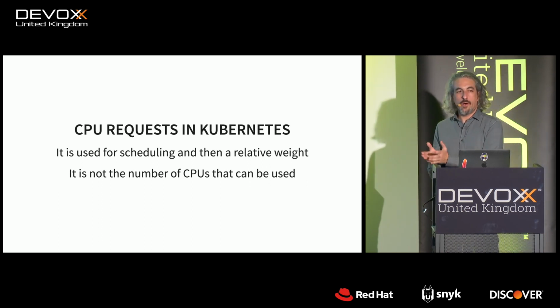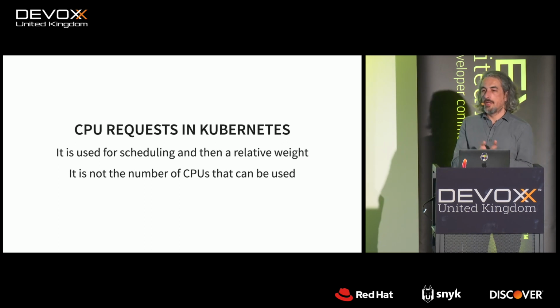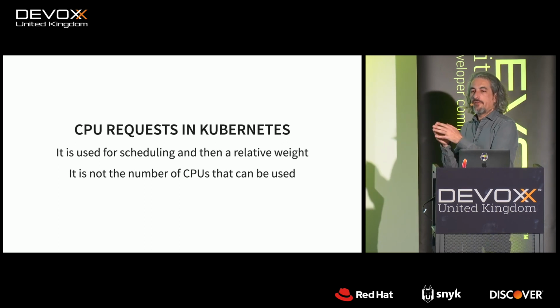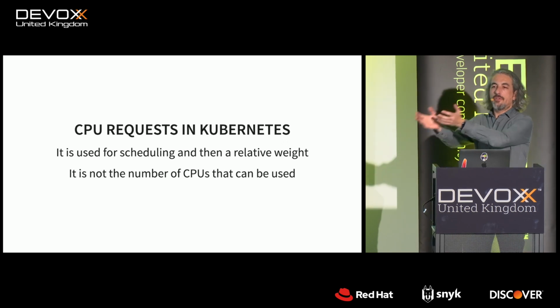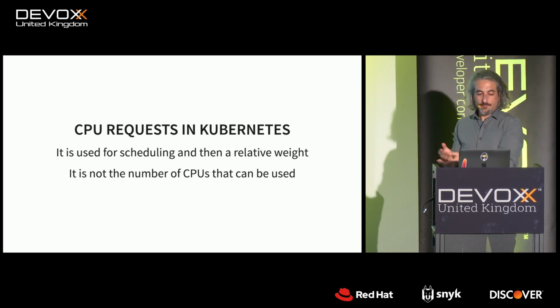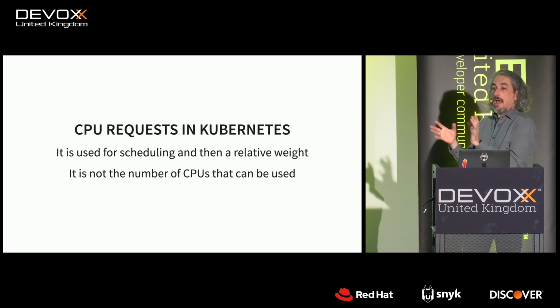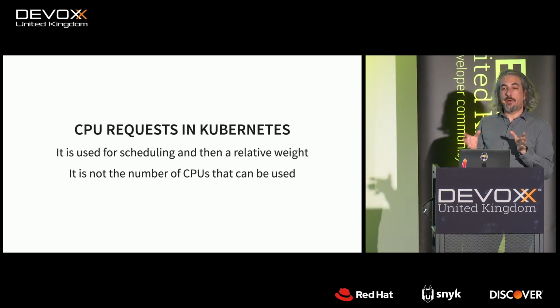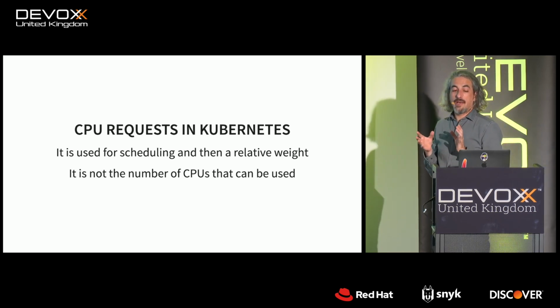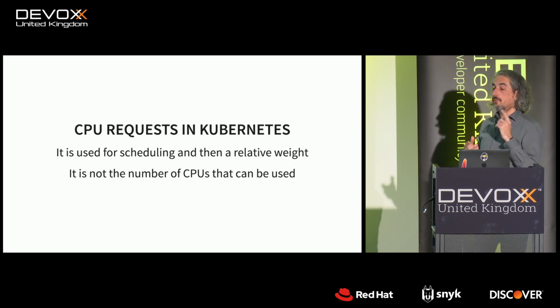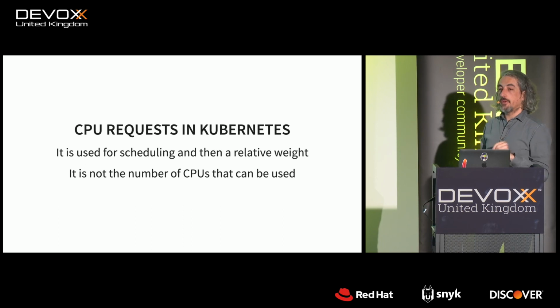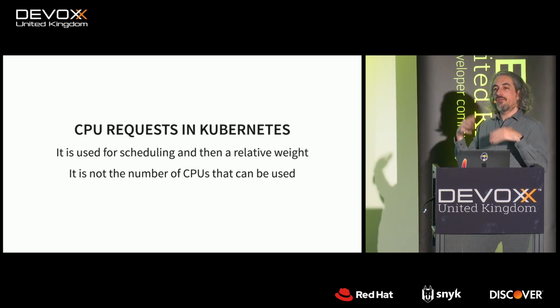When you say, I want 32 CPUs, Kubernetes is going to look and find a node that has 32 CPUs available. And it's going to put your container, your pod, there. After that happens, the CPU request is used as a relative weight. So it's not really the number of CPUs that can be used. It's a weight between the different processes running on that node.